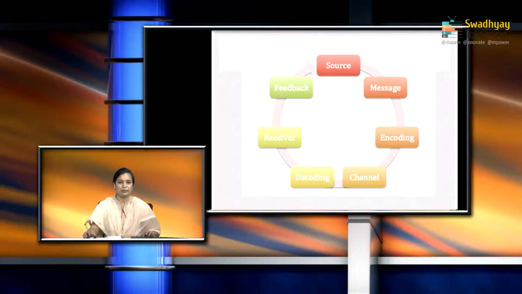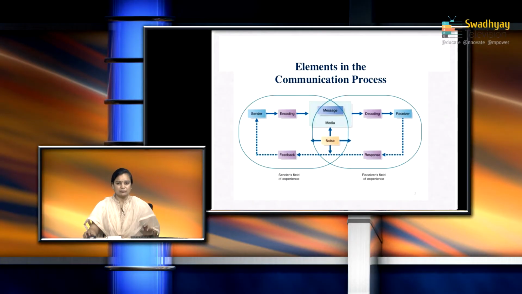This we can see in the PPT itself. The first element is sender, second ideas, encoding, communication channels, receiver, decoding and feedback. All these seven elements were categorically identified and explained by different communicationists.